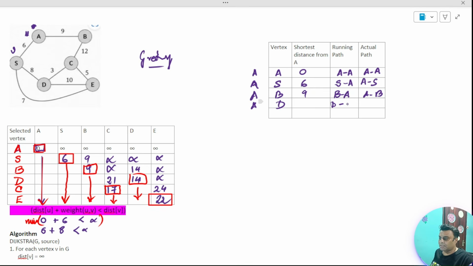So I will select S, and then because I selected this, I will again go up. It's not done, you have to reach till the top. Again I got a difference, so I will go to the left, I'll get A, right? So this I will write as ASD. So see the graph, ASD is the shortest way in which you can go from A to D with a cost of 14. Right?